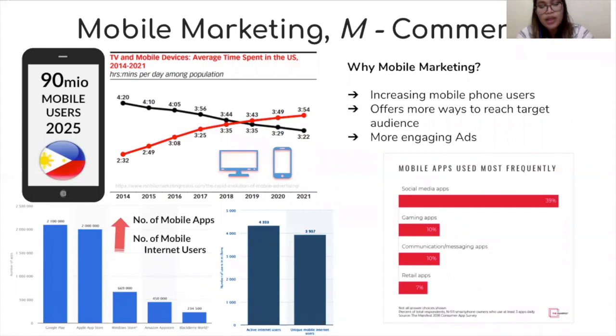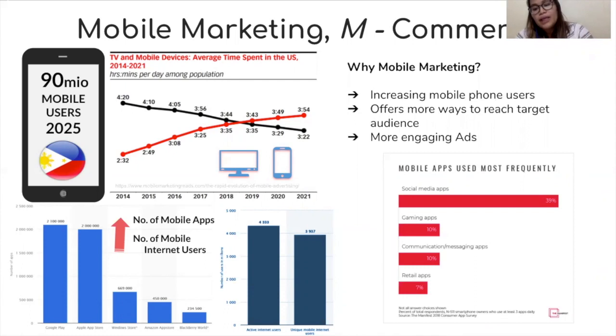And then we also have mobile marketing or mobile commerce. For this one, in the Philippines alone, we have a projected over 90 million mobile users by 2025. As mobile phones are used to facilitate most of our transactions, for product purchases and for convenience, we can now even transact via QR codes and purchase a lot of things through our mobile phones.